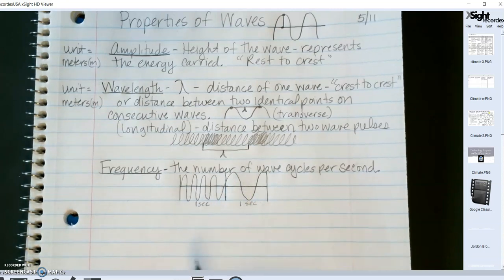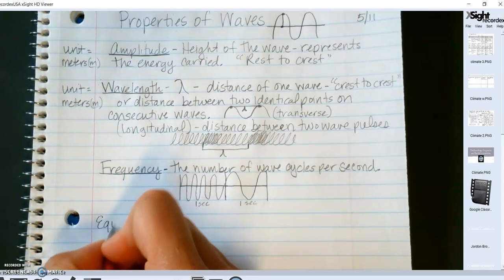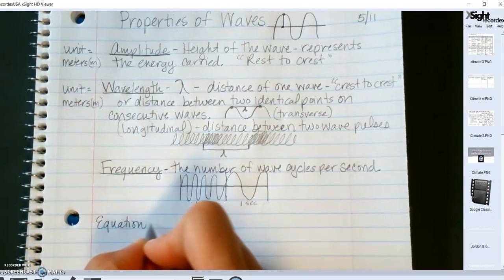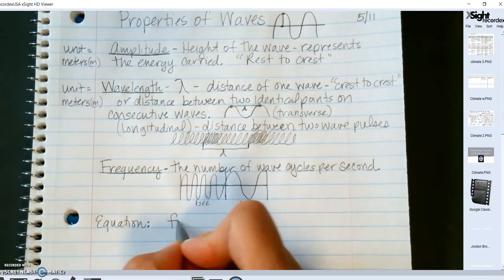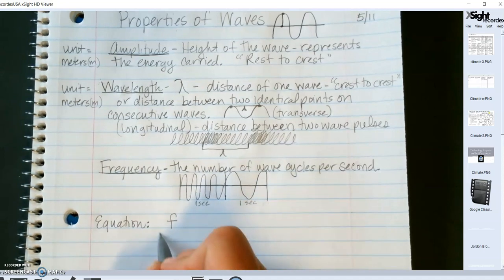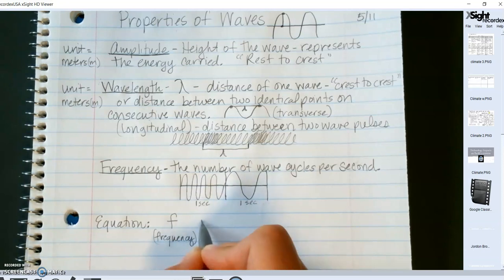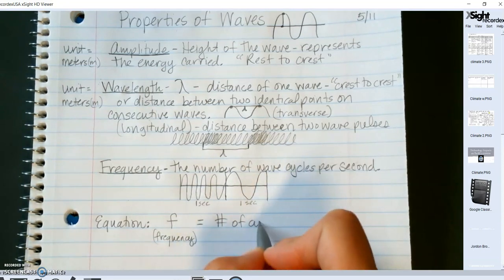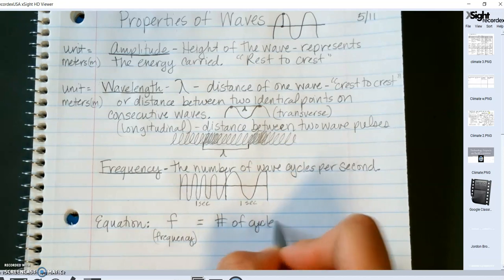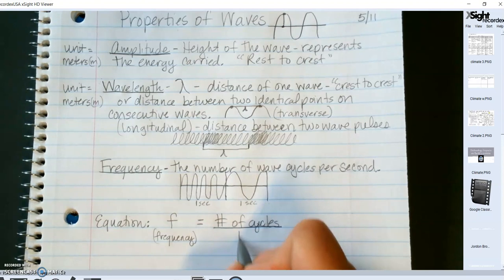So there is an equation that we're going to do with this. The equation is going to be F for frequency equals the number of cycles divided by time.